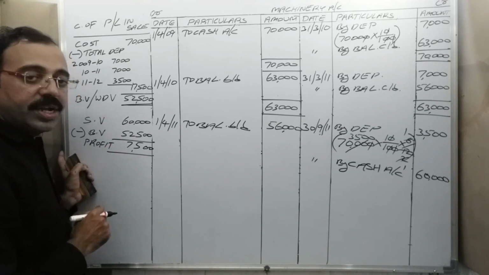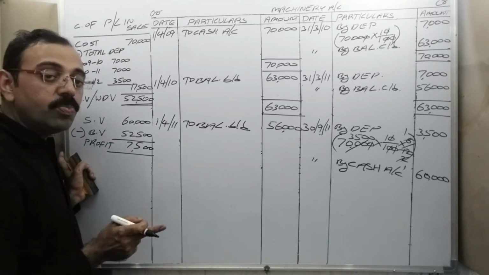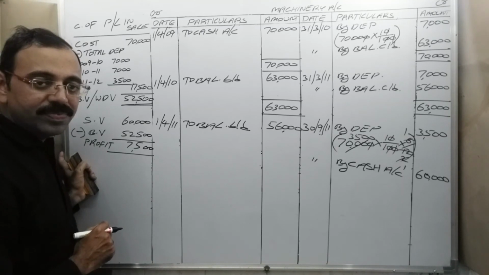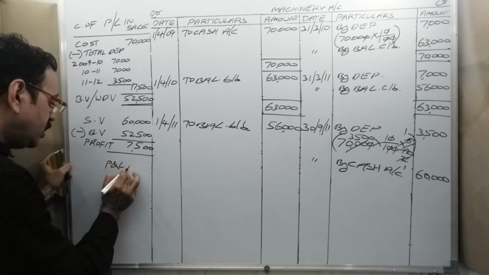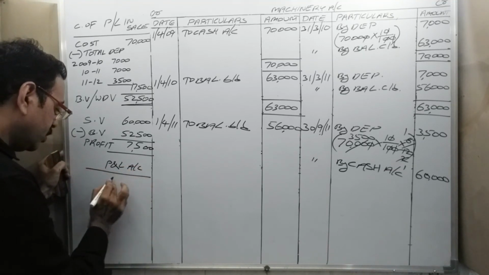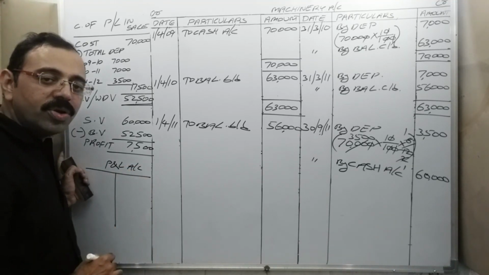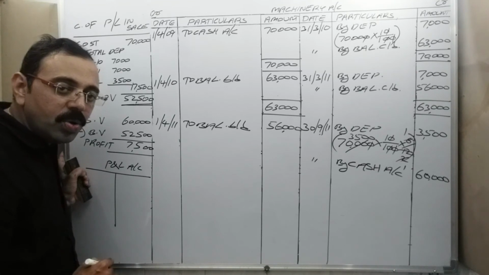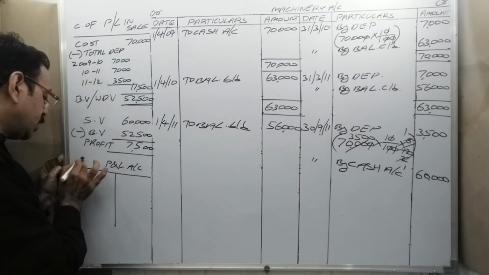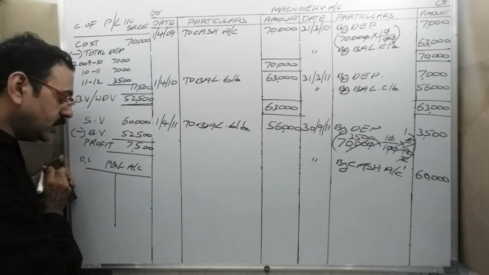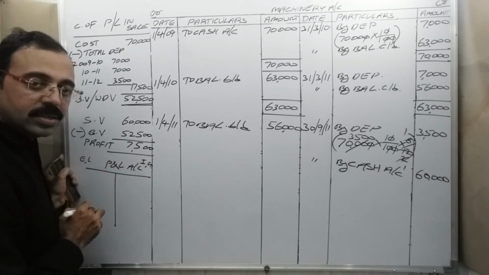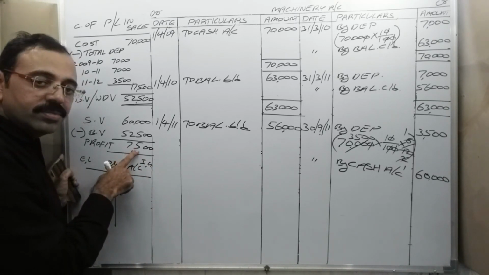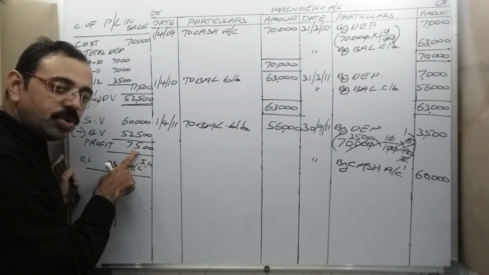Then that profit we should transfer to profit and loss account. Okay? Now profit and loss account is a nominal account, no? What is nominal account rule? Debit all expenses and losses, credit all incomes and gains. This is profit, gain. So which side it should be?